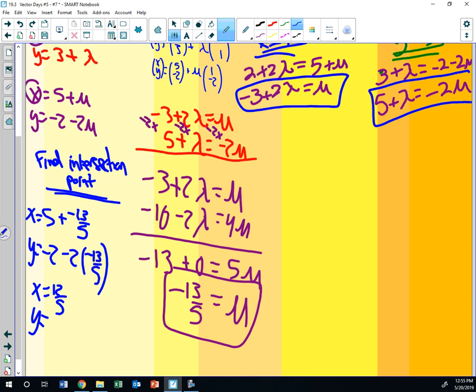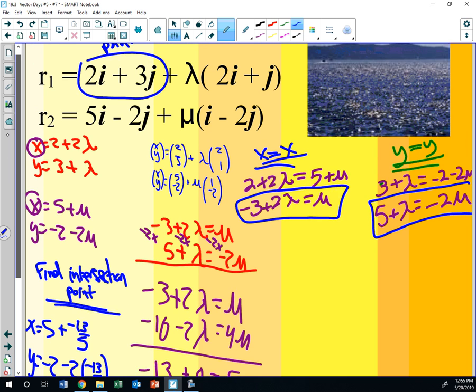And y will be -10 plus 26, which is 16/5. So the point of intersection will be 12/5, 16/5, and that is true. Last hour we solved for lambda and we got the same thing. So it's pretty cool. You can't go wrong with picking lambda or mu to eliminate.